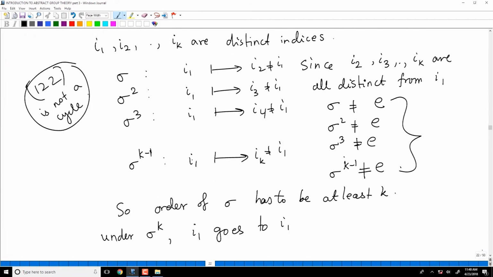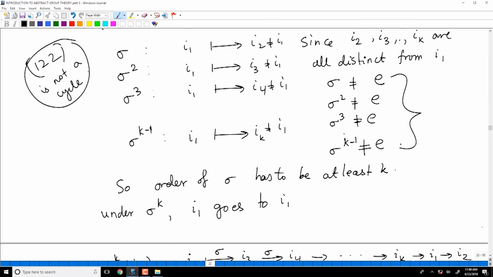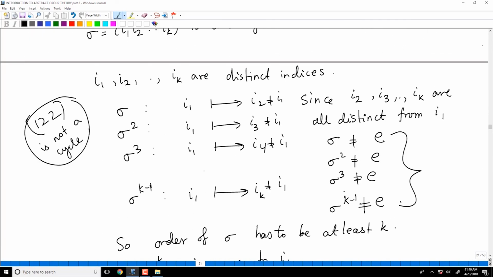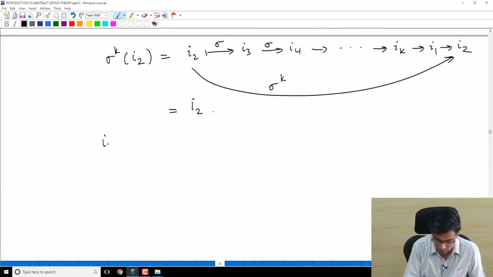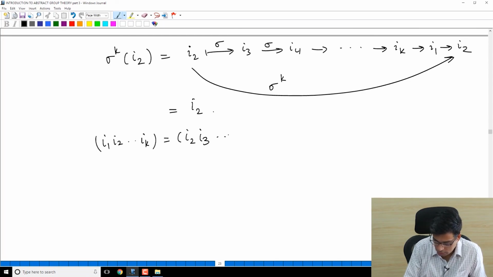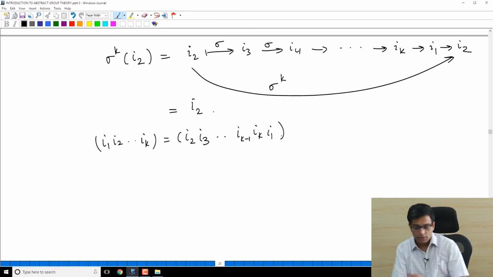And as I said, a cycle can start with any of the indices in it. So I said here with I1, but I1, I2, Ik can be written as I2, I3, Ik minus 1, Ik, I1, right? And so now I2 is the first one. In the previous calculation we said the first one after k times will reach the first one again.